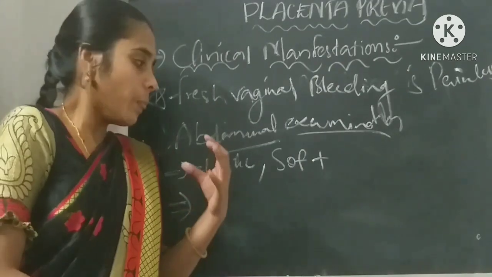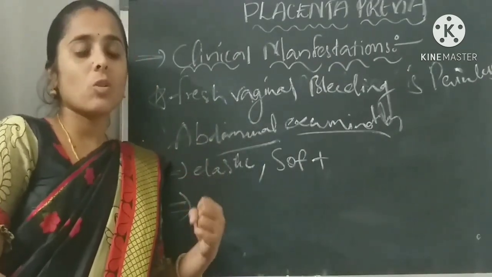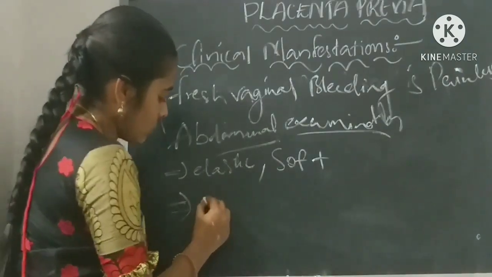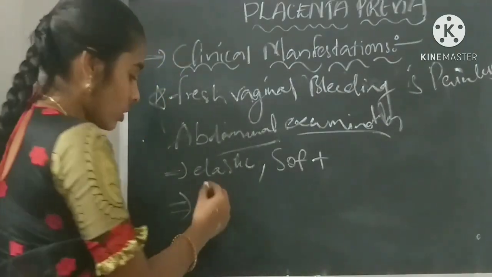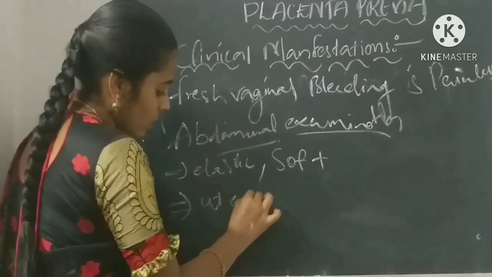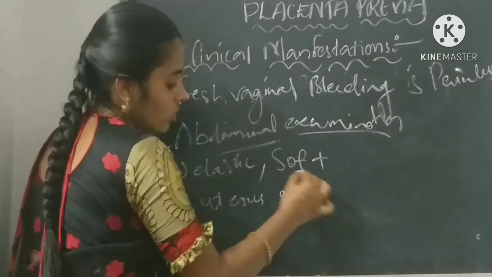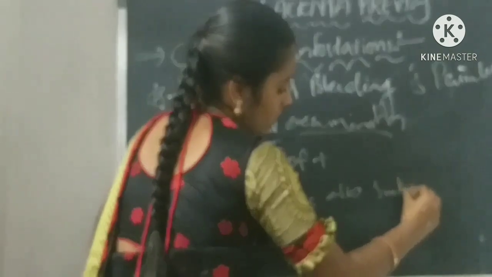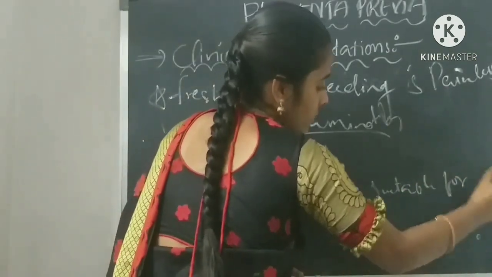When you see the uterus on abdominal examination, it is elastic and soft. The size of the uterus is also suitable for the gestational age, gestational weeks.